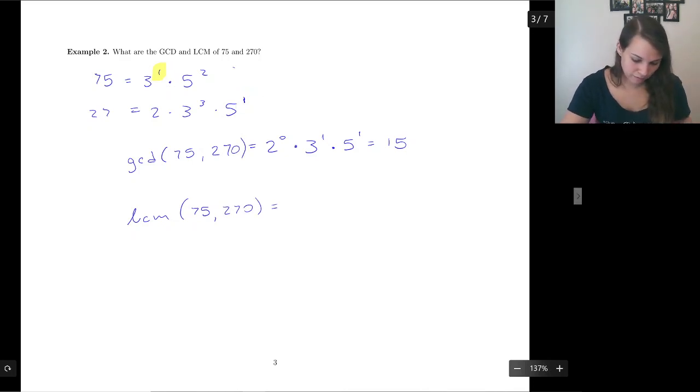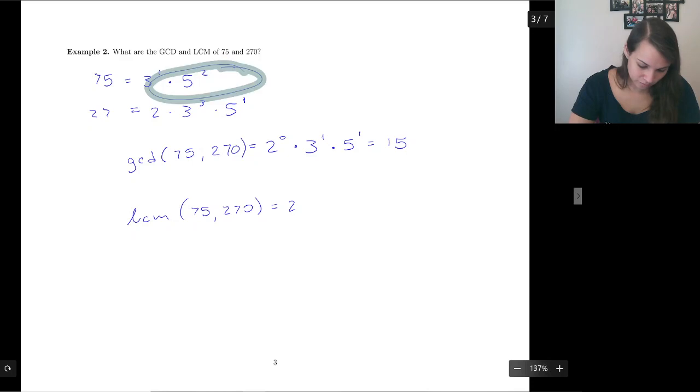Now we go through and we find the maximum powers. So the biggest power for 2's is going to be that 2, because there was no 2 up here. And then we go through and we look for the biggest power of 3's, which is this 3 right here.